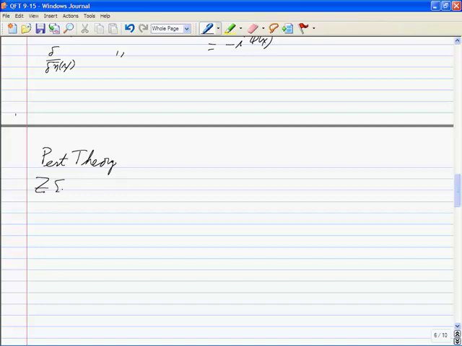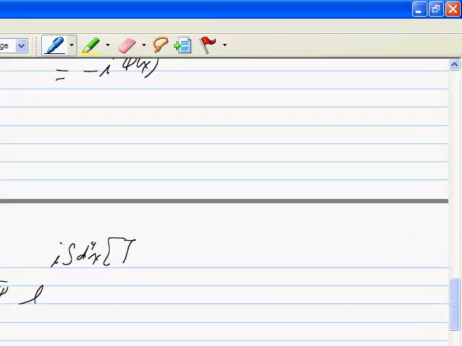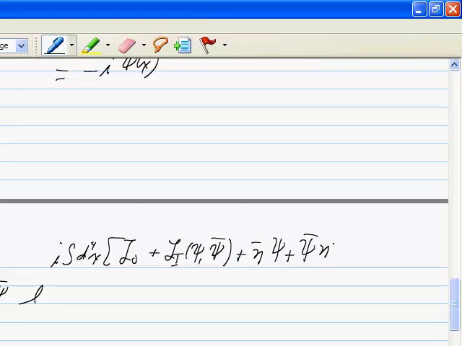If you have a full Z of eta prime, which is the integral d psi bar d psi e to the i integral d4x of L0 plus L interaction of psi and psi bar plus eta bar psi plus psi bar eta.